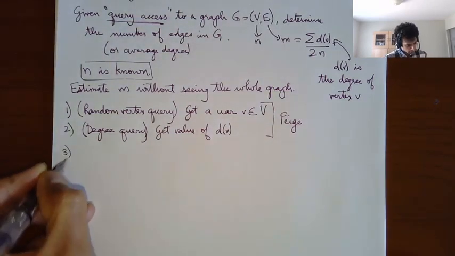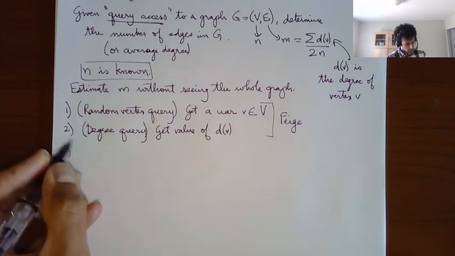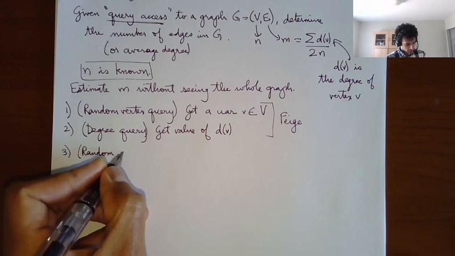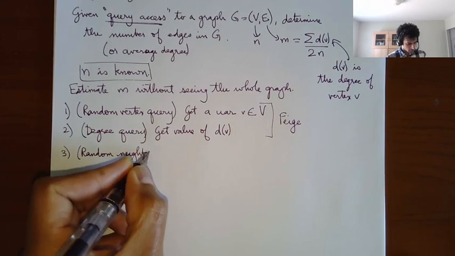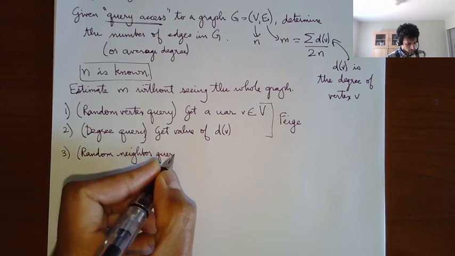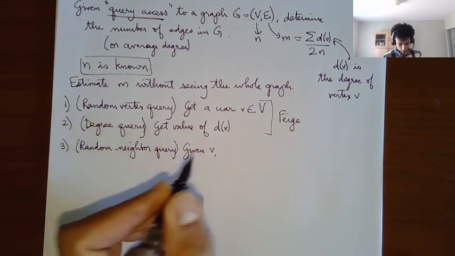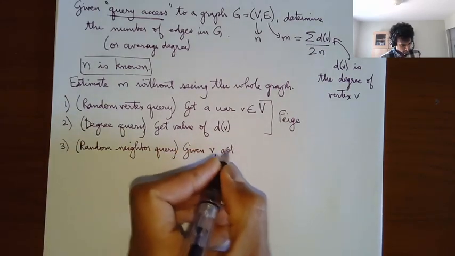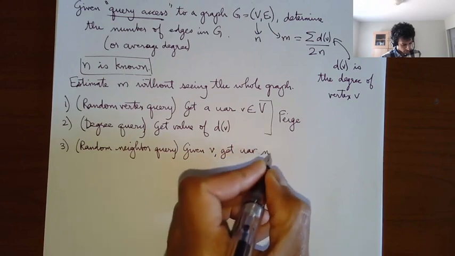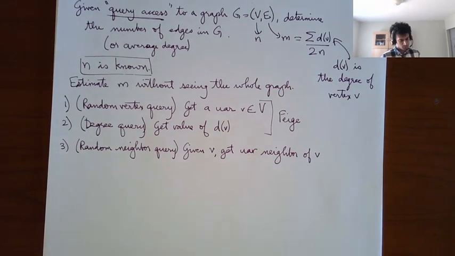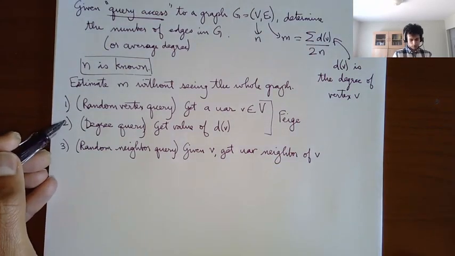I'm going to add this in, and we'll talk about this either at the end of this lecture or the next lecture: a random neighbor query is, given v, get a uniform at random neighbor of v. But I want to start by just doing the first 2.